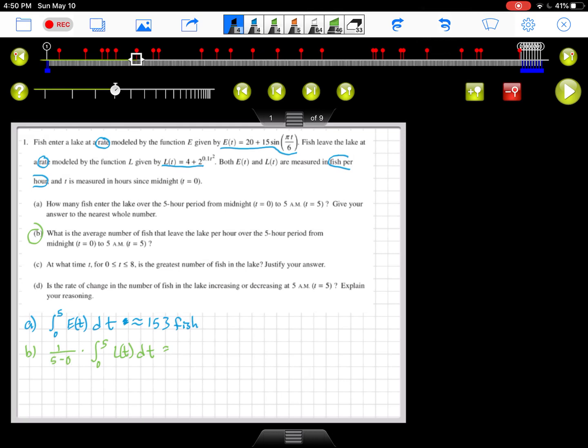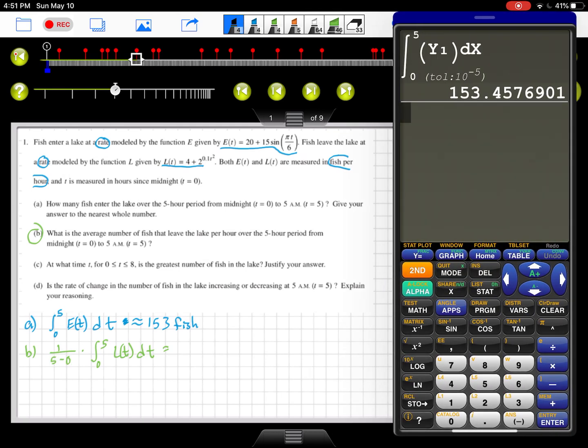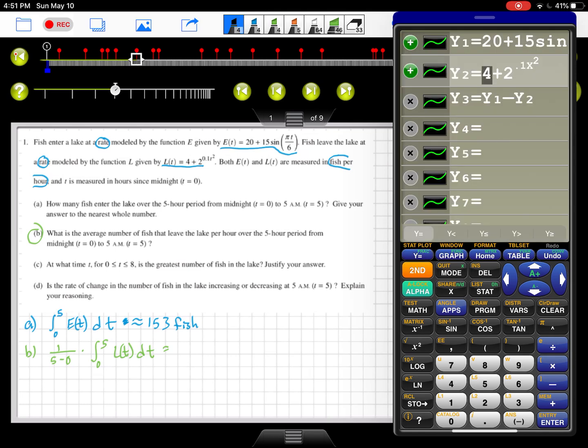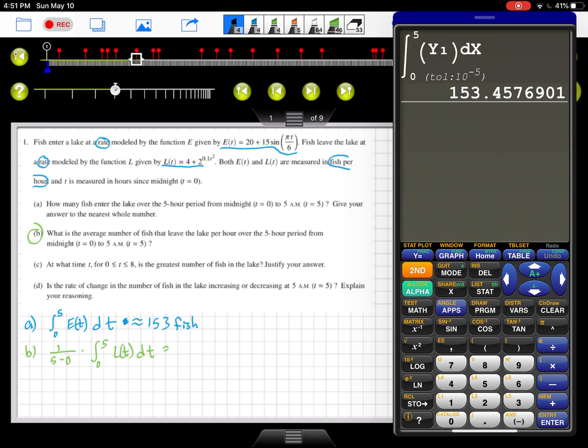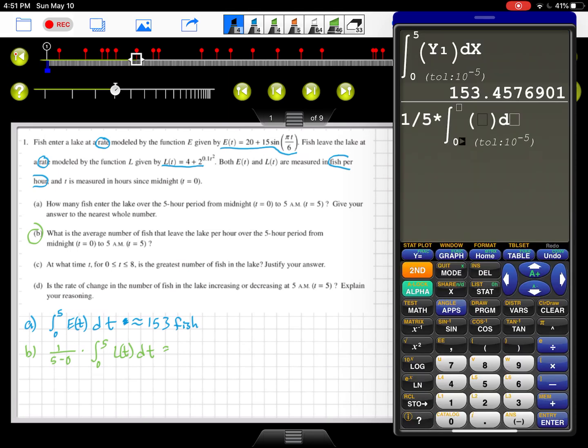So let's plug that into a calculator. Now, I already plugged in my leaving function into y sub 2. So now I'm going to say 1 divided by 5, because that's what 5 minus 0 is. And I'm going to multiply that times FNINT from 0 to 5 of y sub 2.